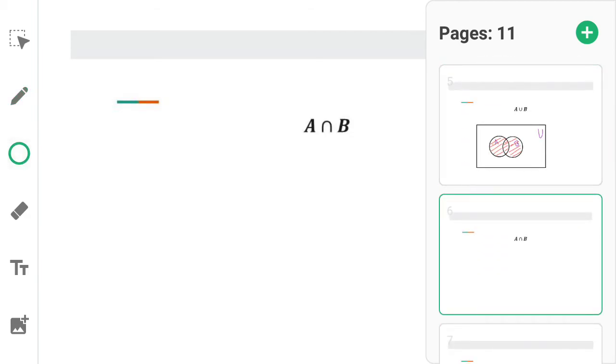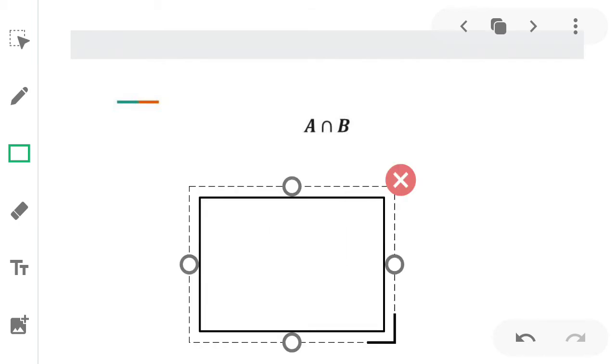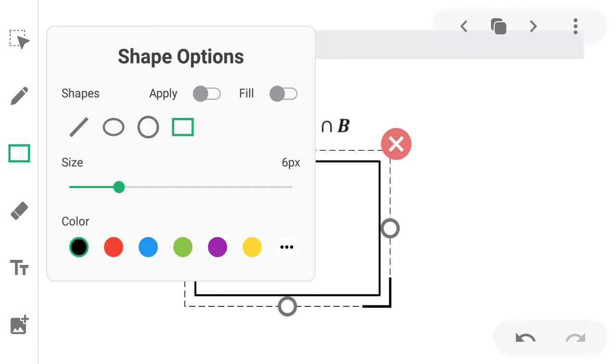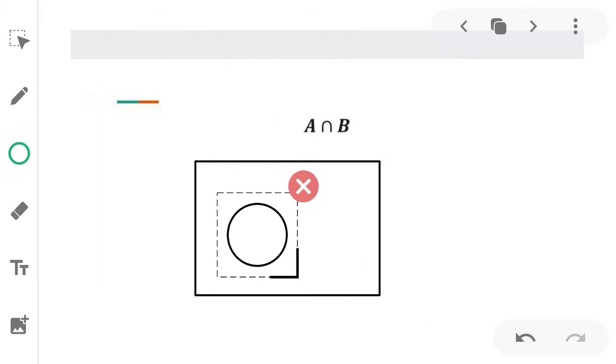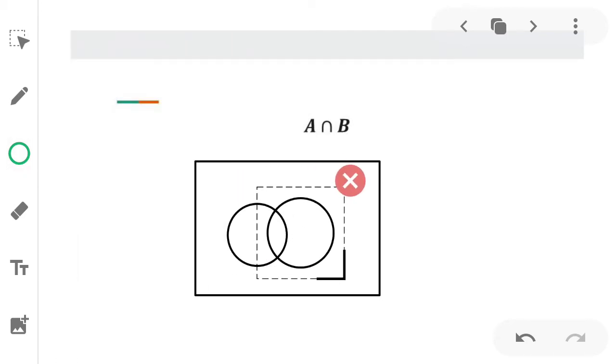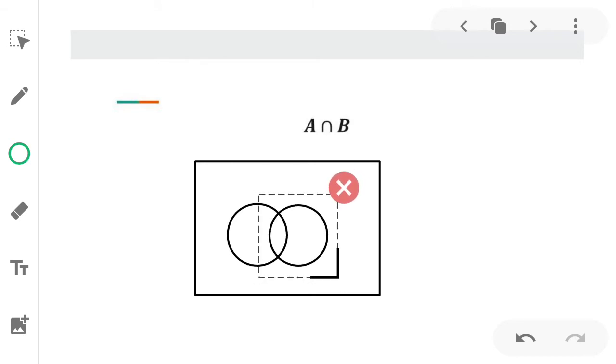For A intersection B, again we first draw a rectangle, then we take two circles of equal size. Then I will represent this as U, this as A, and this as B. I want to represent only the intersection here. What is the meaning of A intersection B?